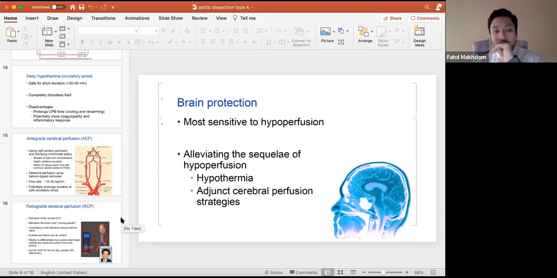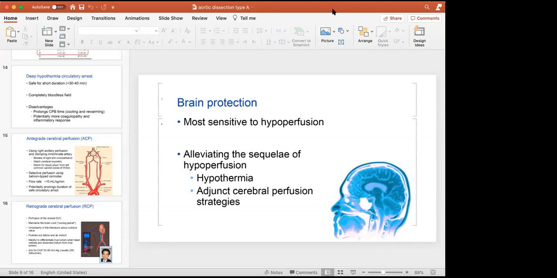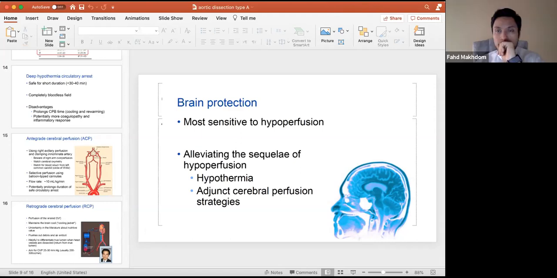Okay, so other than antegrade, do you know about retrograde cerebral perfusion? Yes. Can you explain how to conduct it?